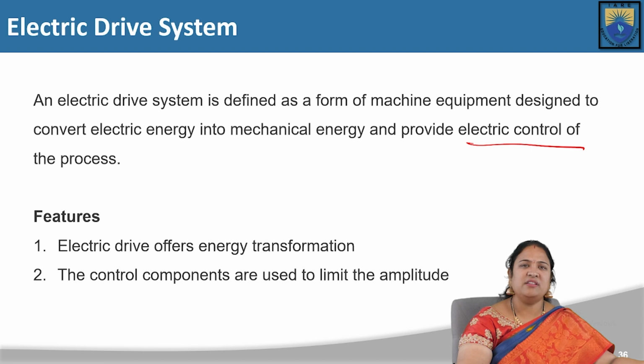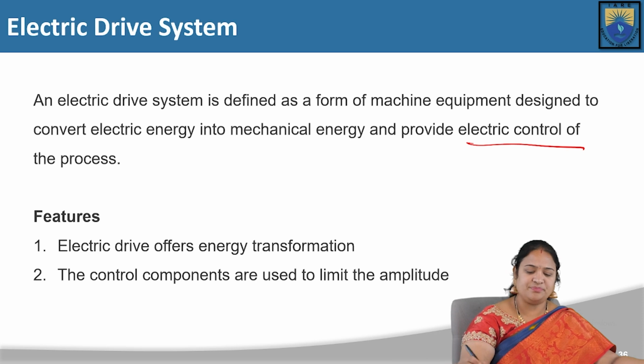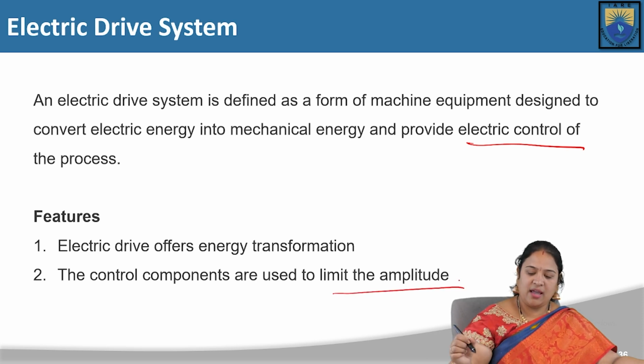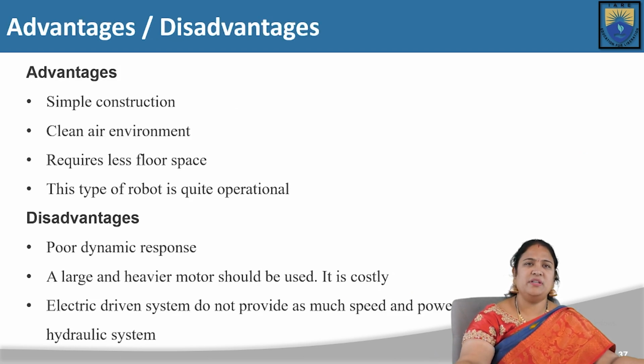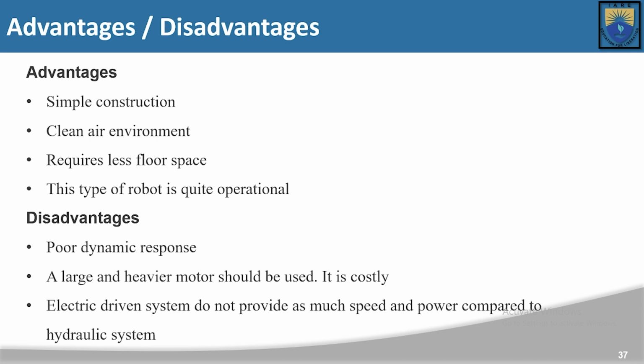The features here are that the electric drive offers energy transformation, a transfer of energy which is not there in the hydraulic and pneumatic systems. And the control components are used to limit the amplitude. Right. The advantage of this particular electric system is simple construction. It doesn't have any sort of complicated design.